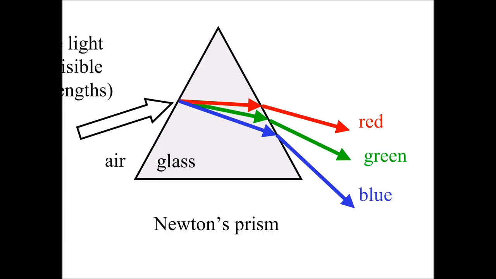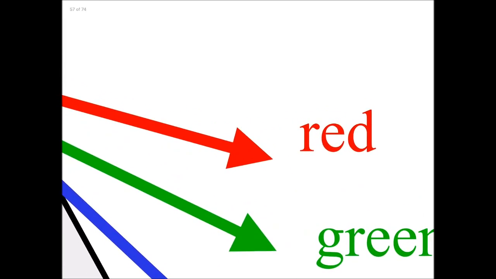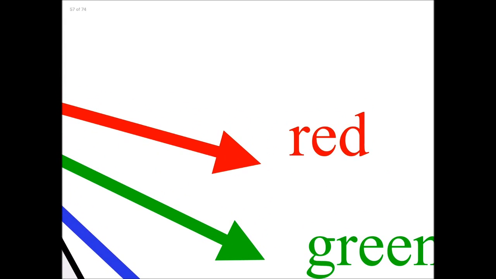Now, what is important is that Newton's genius lies in the fact that he did not stop there. What he actually did was take one of these beams, suppose the red, and close down all the other beams using an aperture, like a black screen with a hole in the center, so that only the red would pass through the hole.